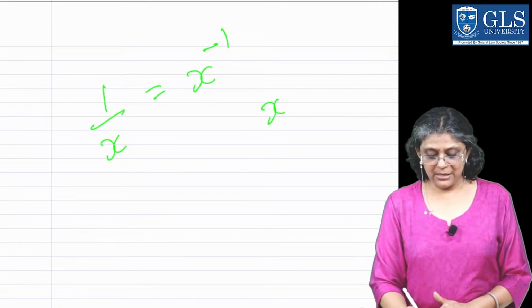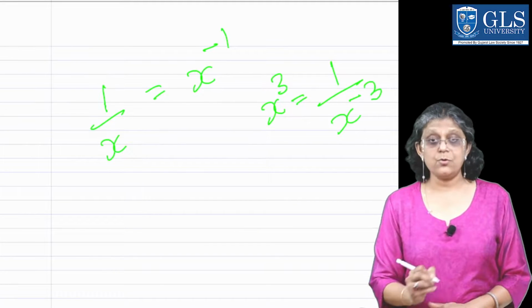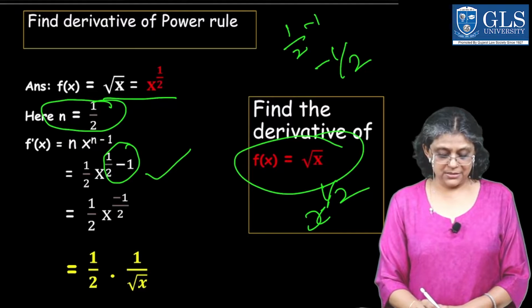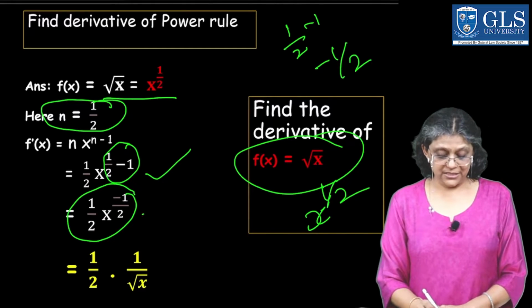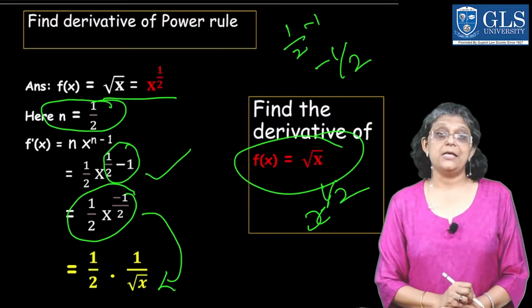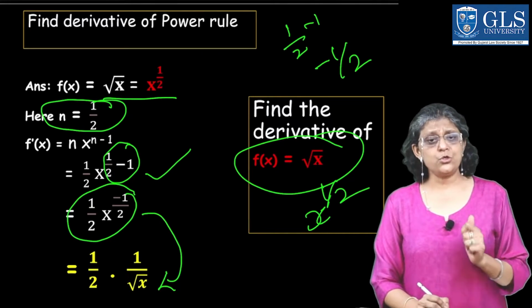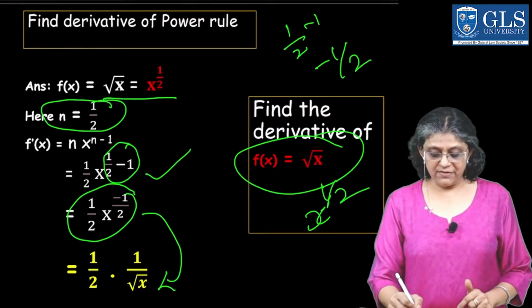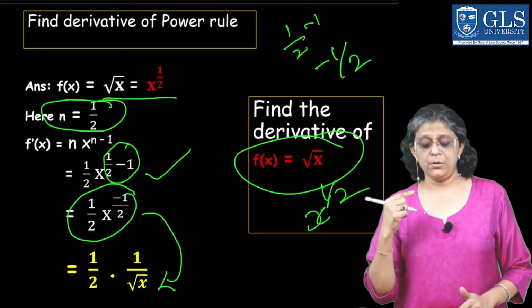If I have written x raised to 3 here, then I can even write x raised to minus 3. So what we say here is, this is x raised to minus half. I take it out in the denominator, and hence once again I get the answer as 1 upon 2, 1 upon root x. Yeah? So the derivative of root x is half into 1 upon root x.